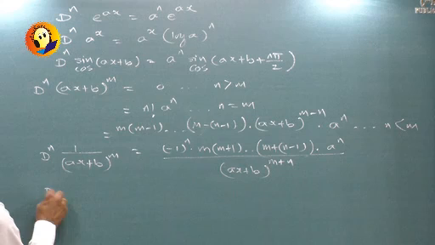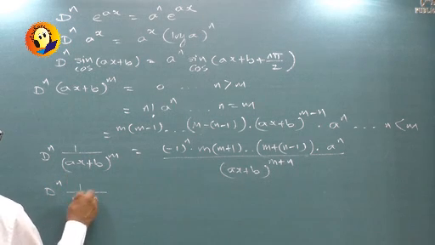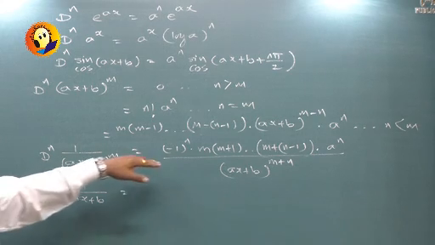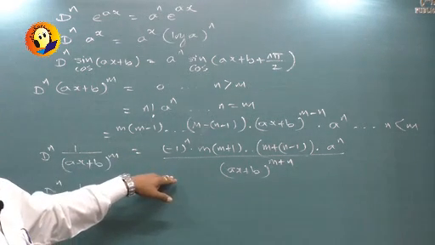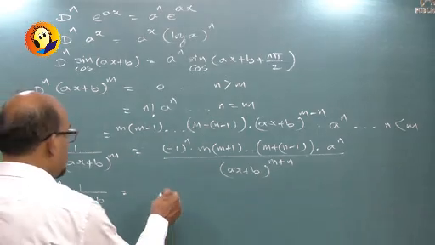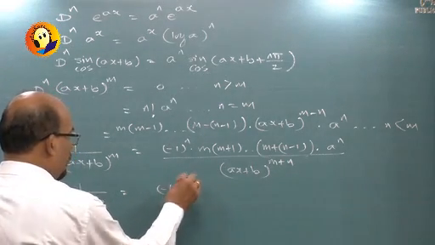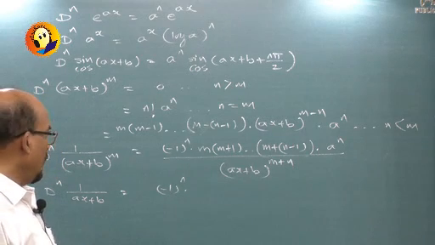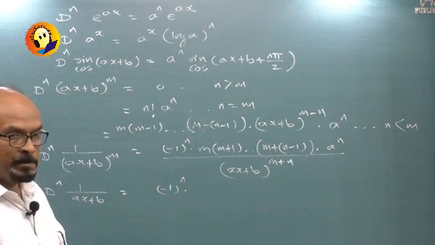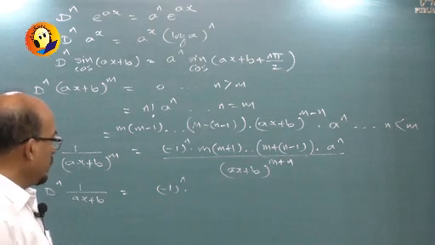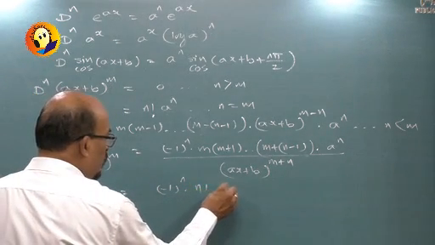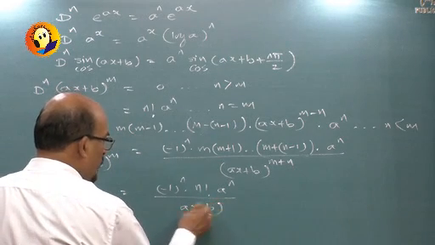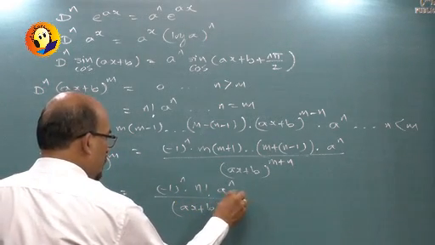Then we have nth derivative of 1 upon (ax plus b), which actually follows this formula with m equal to 1, right? So it becomes minus 1 raised to n. Is it n factorial or n minus 1 factorial? Then it is n factorial into a raised to n upon (ax plus b) raised to (n plus 1).